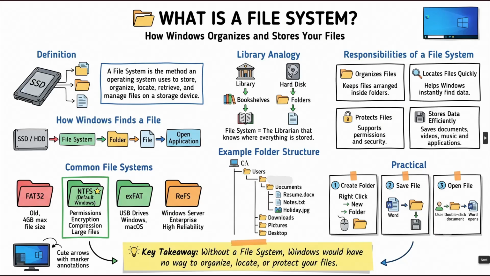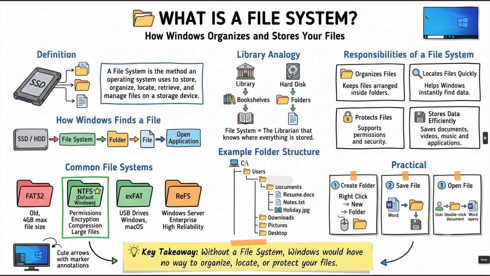You cannot open it in a video player or maybe a video editor, right? So this is how Windows finds a file. It goes to your file system. Inside that file system, it will look inside the folders for that particular file when you search for it. And when you double click on that file or try to open it, it will open with a particular application, right?